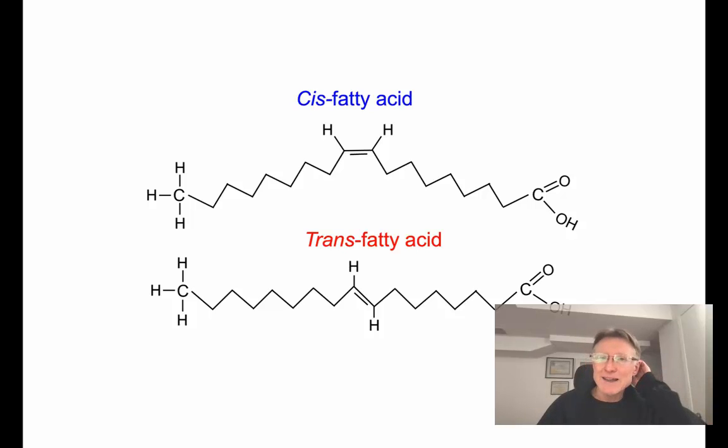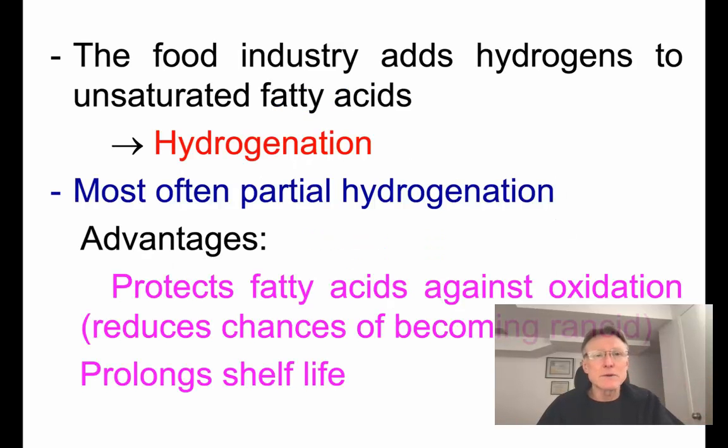So why do we care about this? Because we say that there is so little in natural foods, such a small amount that we shouldn't really be concerned. But the thing is, the food industry adds hydrogens to unsaturated fatty acids in a process called hydrogenation and makes more trans fatty acid. Most of it is what we call partial hydrogenation.